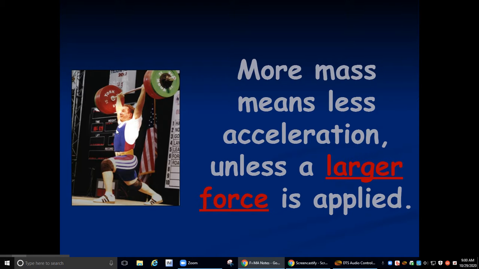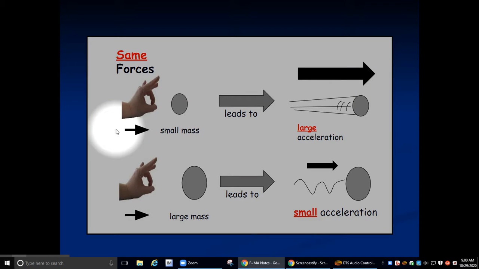That would be the acceleration of moving the bar. So here again, similar forces: small mass, large acceleration. Same force, large mass, small acceleration.